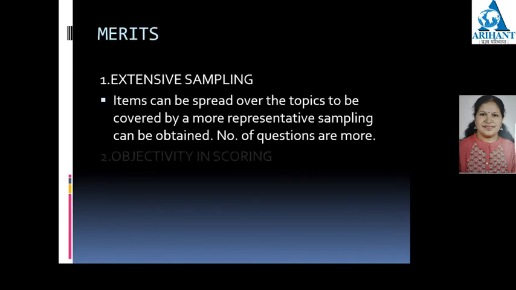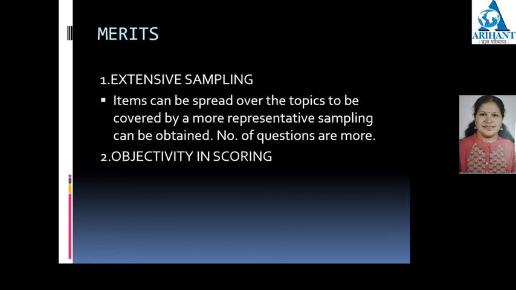Now we will discuss the merits of this type of exam. The first merit is extensive sampling. When we construct an objective type question paper, we can cover maximum syllabus or maximum topics from which we can construct test items. In essay type tests, the questions will be limited and the whole syllabus may not be covered. But this is the merit of the objective type test: most of the syllabus we can cover.